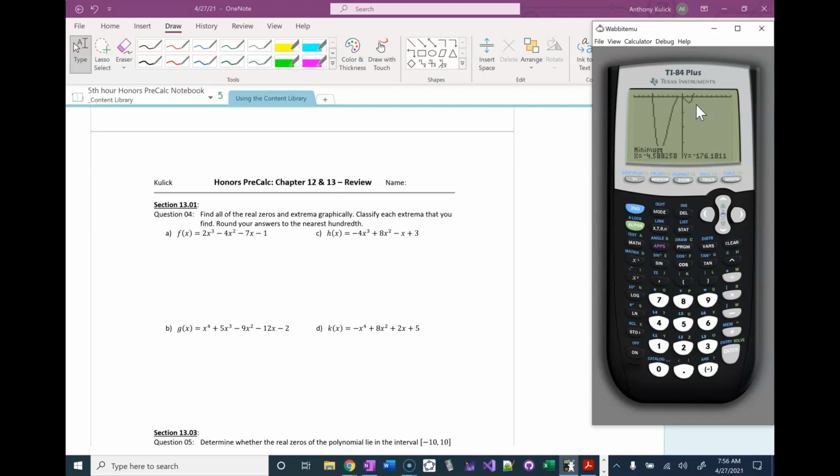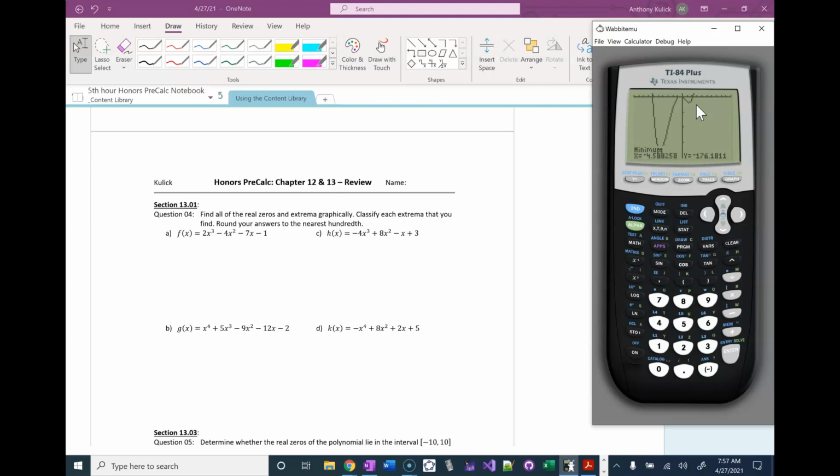Am I crazy here? That's that part. Multiplicities.